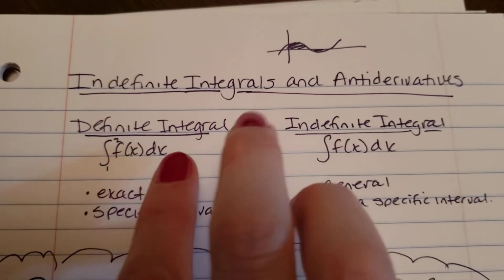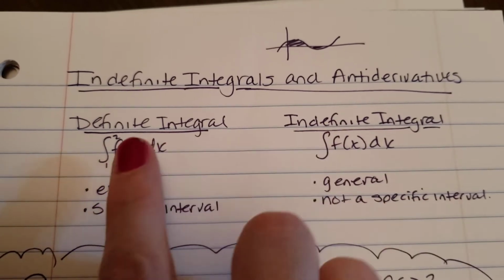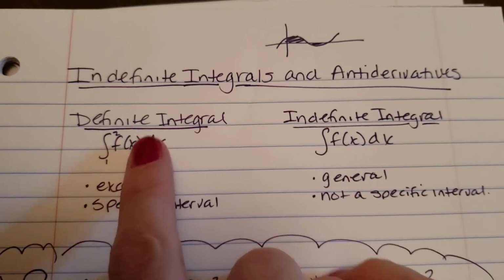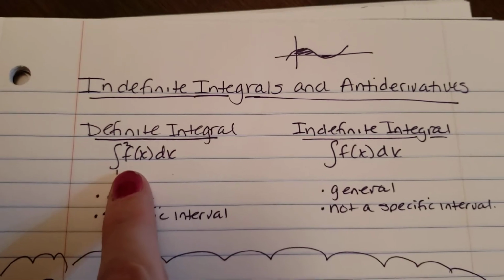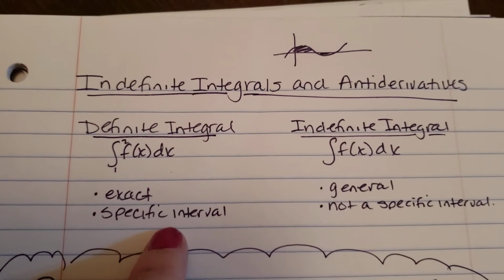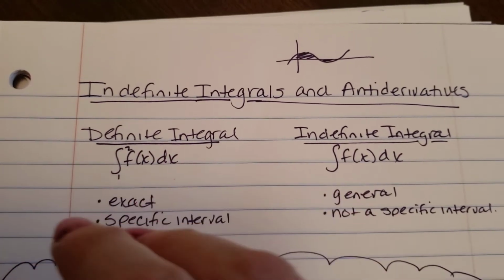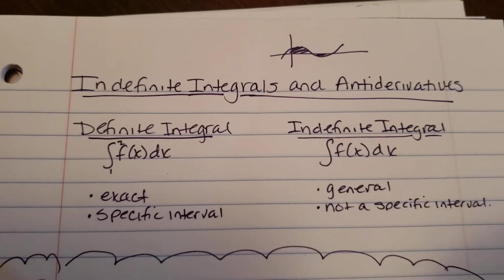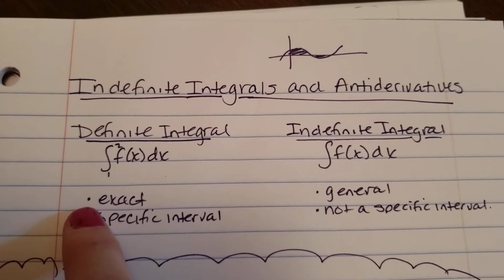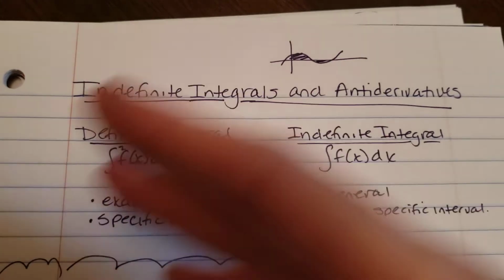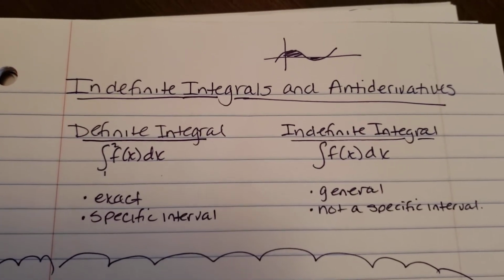But I want to define two terms for you. One is a definite integral. That's what you all have been working with so far, where you're given a specific interval. If you can calculate the area of the space, you can get an exact amount. Those are those problems you did on Khan Academy last week.